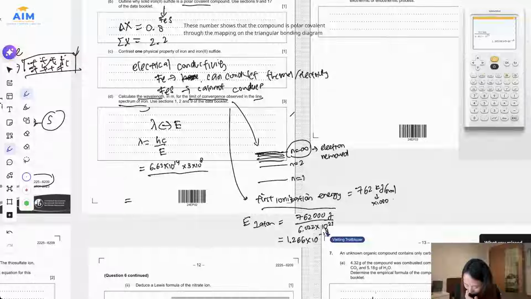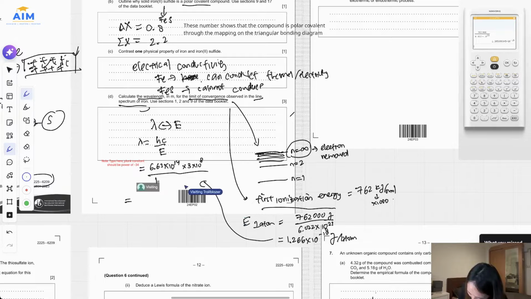This is in joule per atom. This is now per atom instead of per mole. After that, we just place this number into the energy here. It becomes 1.266 times 10 to the power of negative 18.